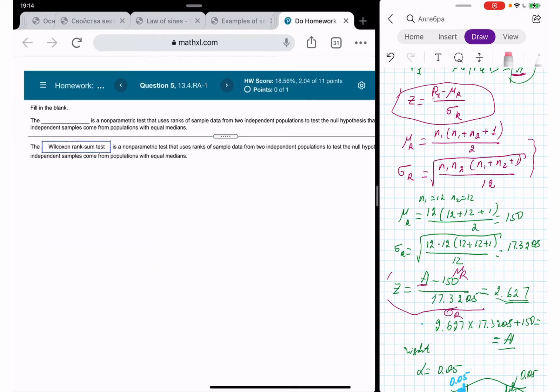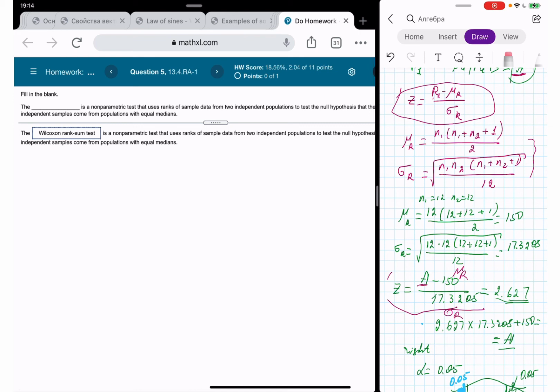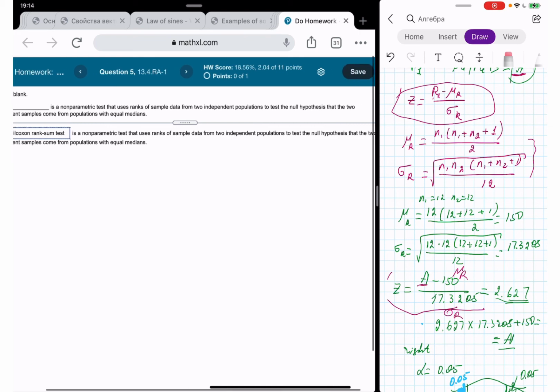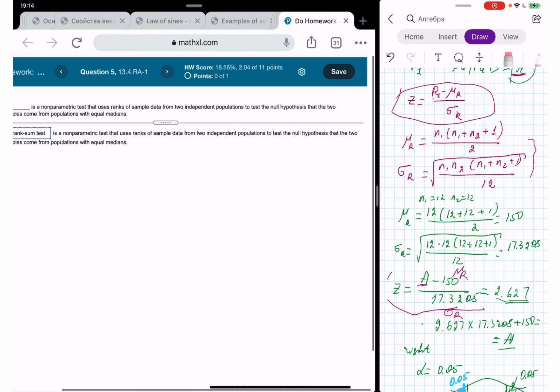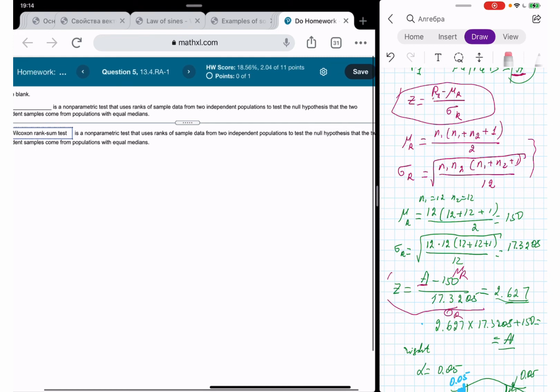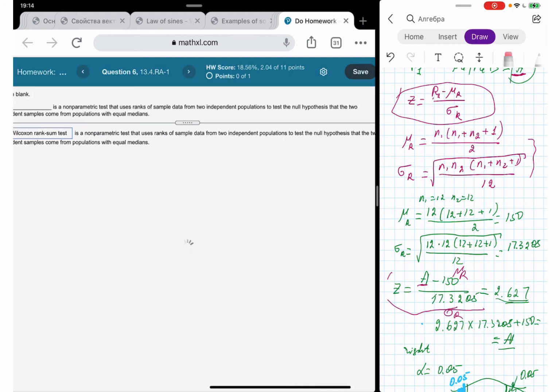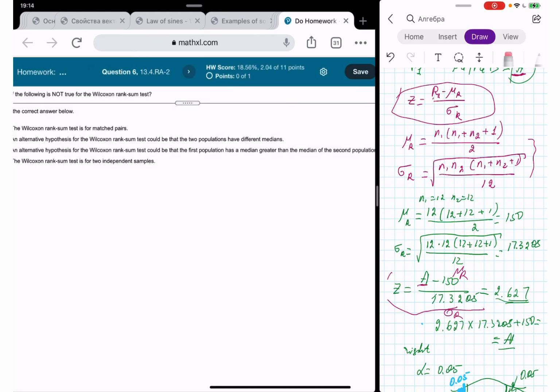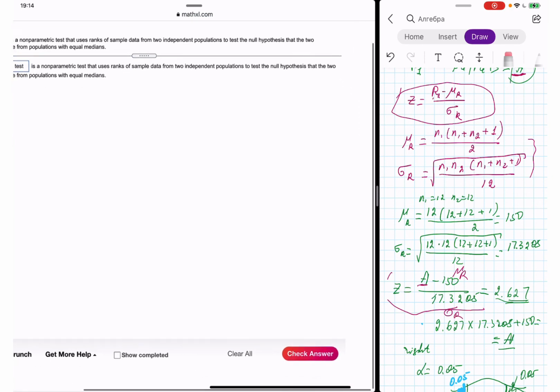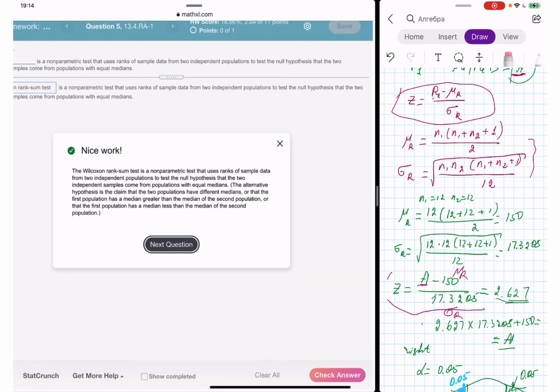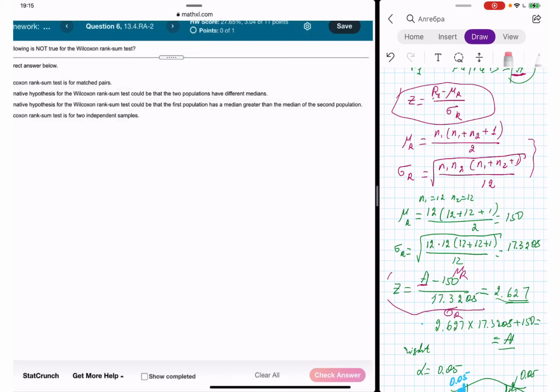The Wilcoxon rank sum is a non-parametric test that uses ranks of sample data from independent populations, and so on. Okay, let's check. Nice work.